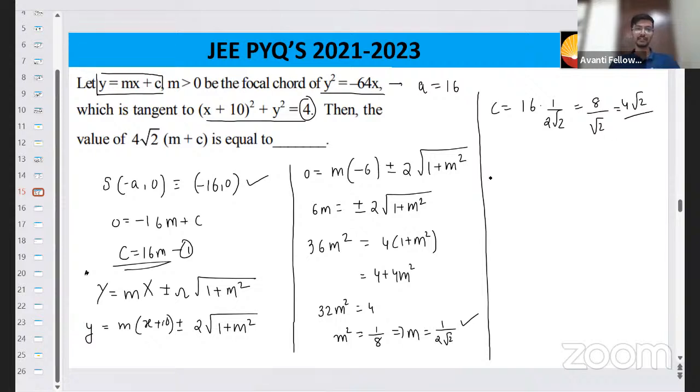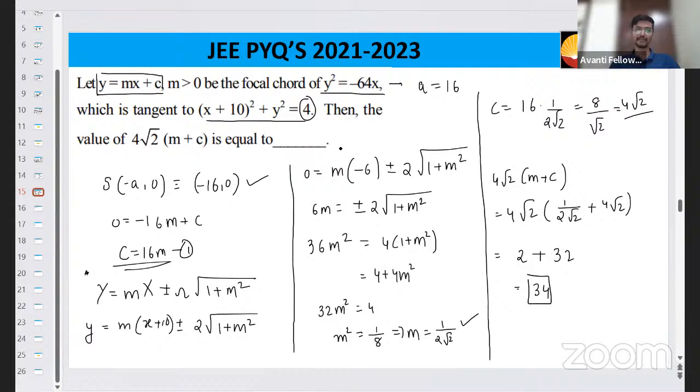So what is the value of 4 root 2 into m plus c? This will be 4 root 2 into m, which is 1 upon 2 root 2, plus c, which is 4 root 2. If we multiply it, root 2 will get cancelled. 2 plus 32, which equals 34. So our final answer is 34.